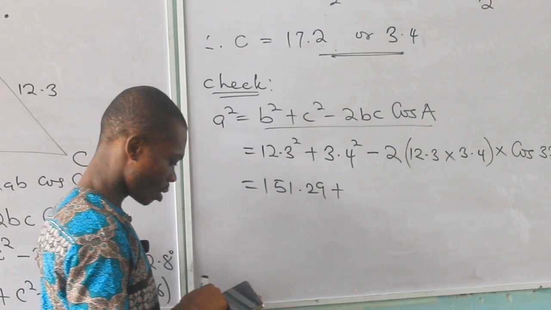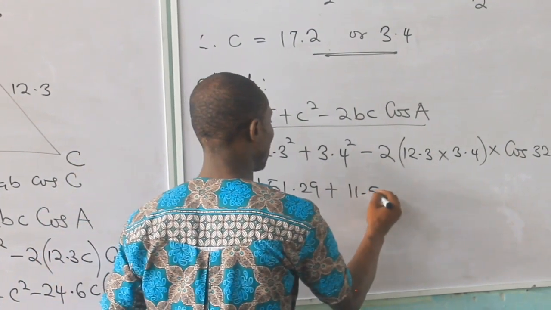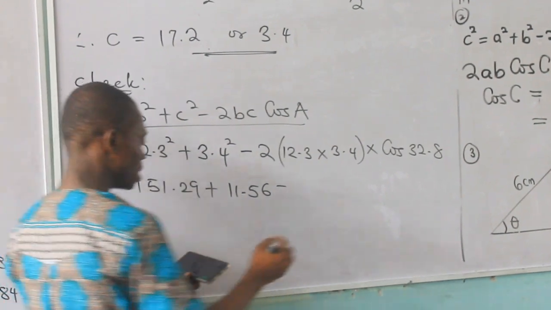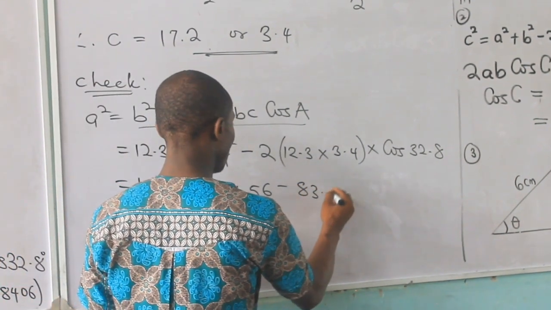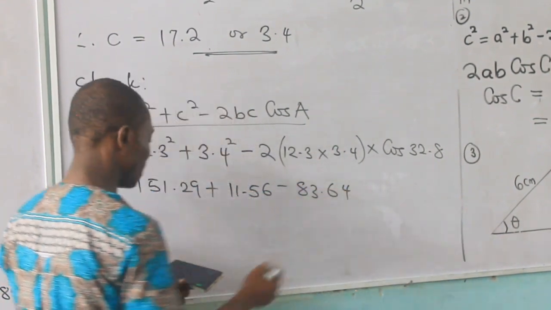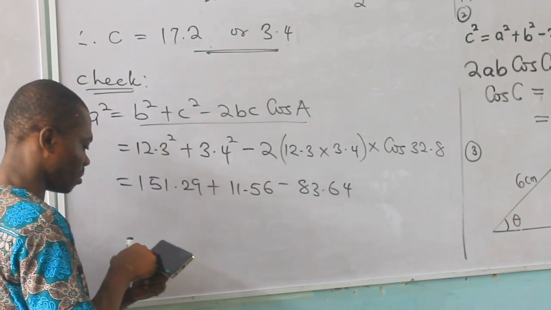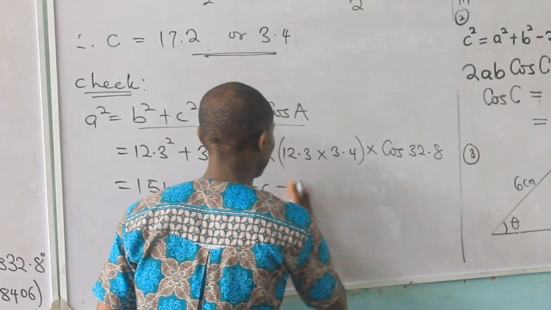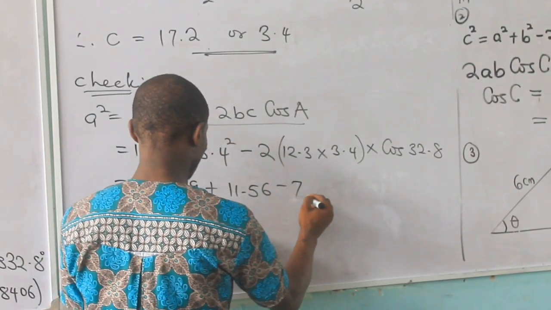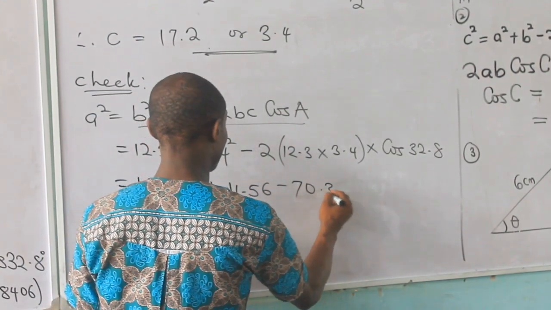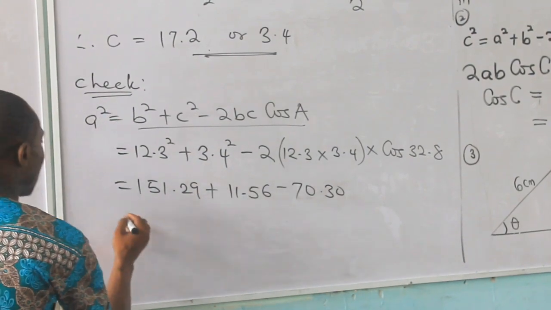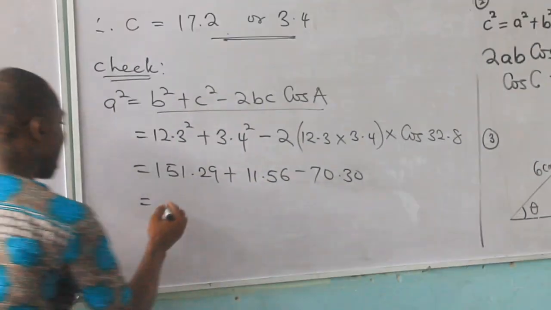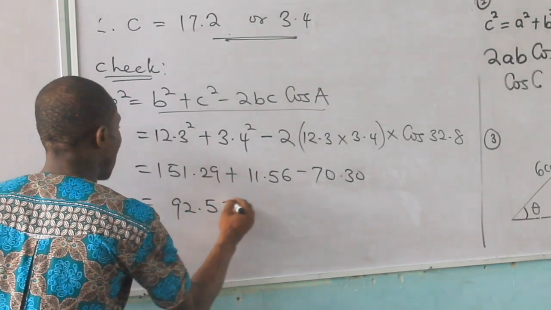That's 11.56, minus, now let's multiply this. That's giving us 83.64. Now multiply that by cos 32.8. That's giving us approximately 70.30. Okay, so now add what we have here and subtract. We will get 92.55.